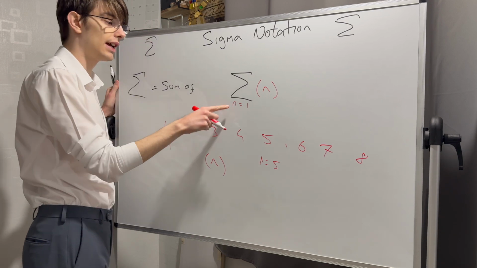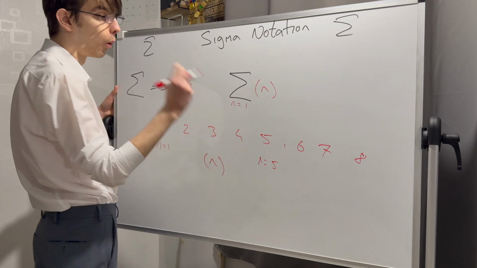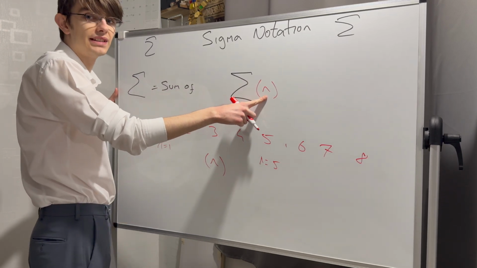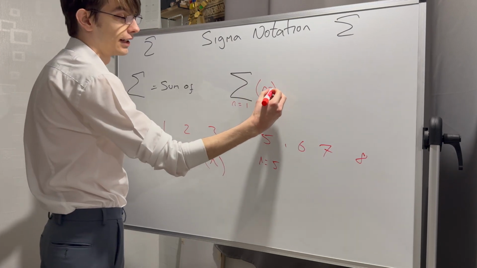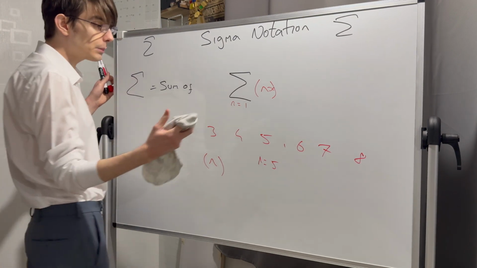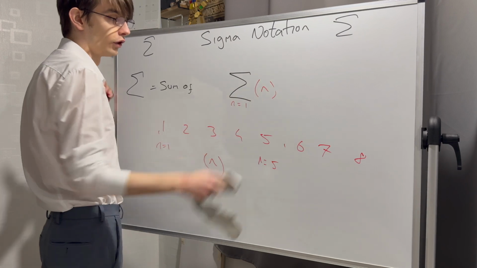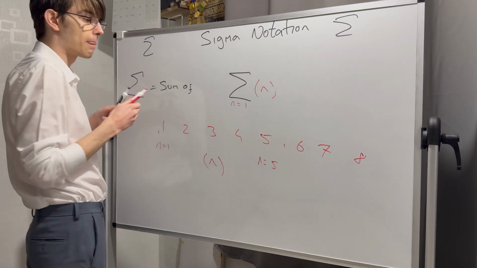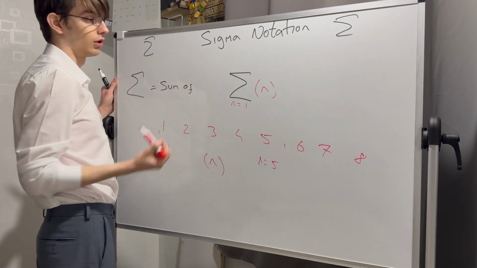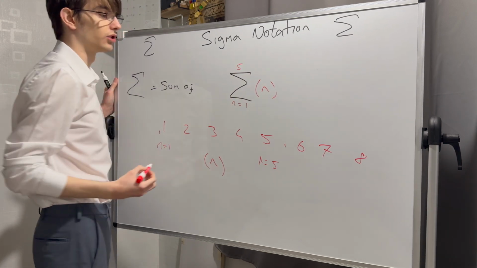The reason I want the n equals is because I want to tell myself or anyone reading my work what variable I am increasing. So in this case, there's only one variable, it's n, but if I had an x in here, for example, I want to distinguish between summing n's, summing x's, or summing both. So I tell myself what variable I am summing here, and it is n. And then for the upper bound, I just want to write 5, because that is the number I'm summing up until.